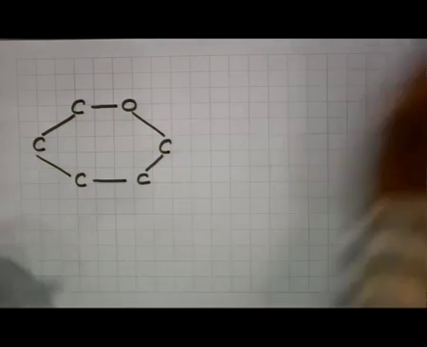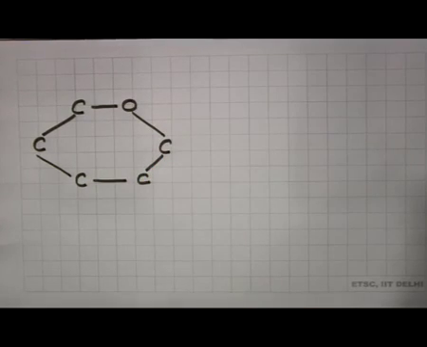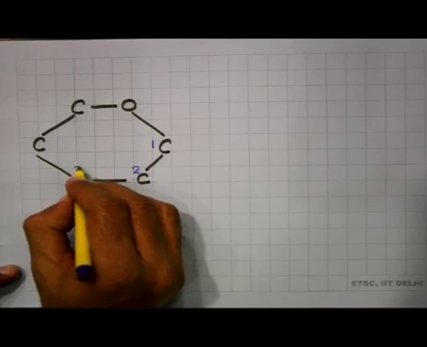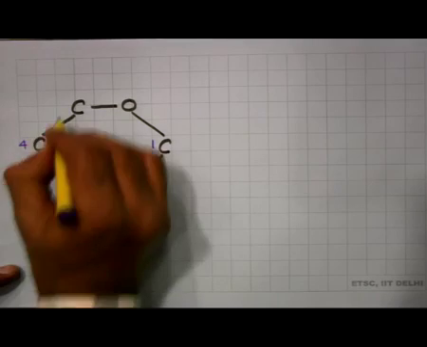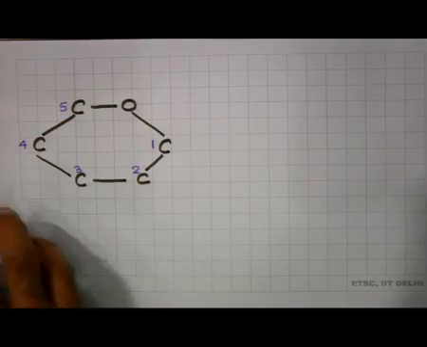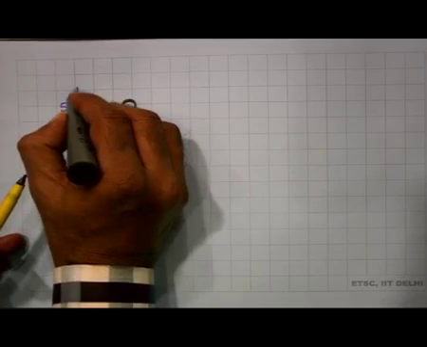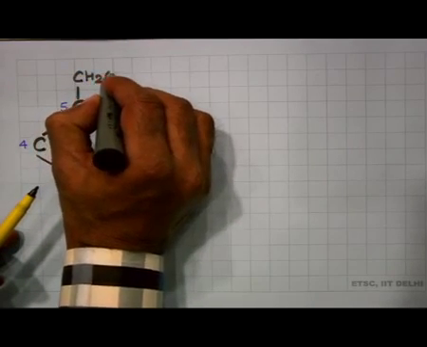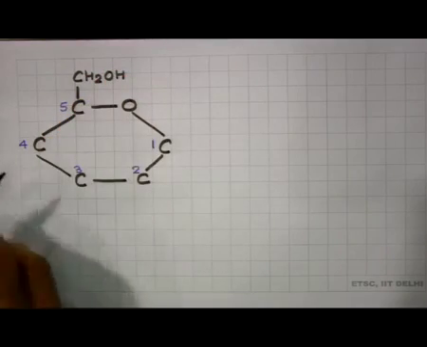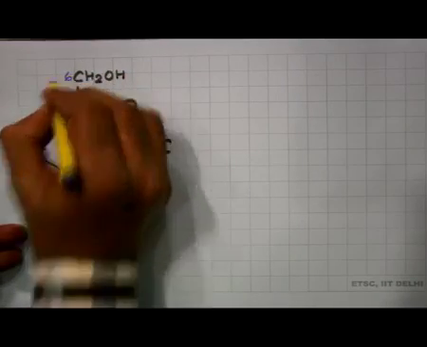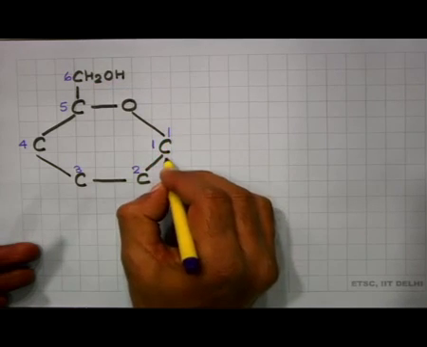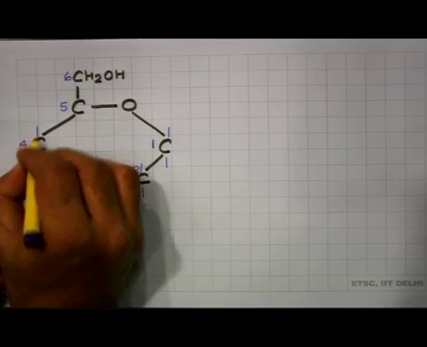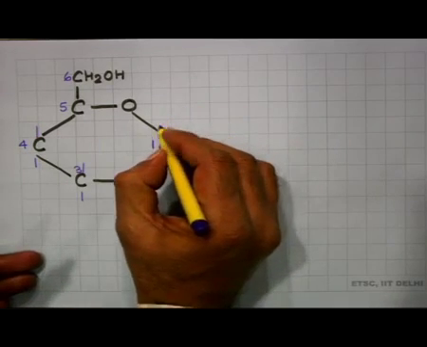Here it is numbered: 1 carbon here, second carbon here, third carbon here, fourth carbon here, fifth carbon here. Here is the 6th carbon, which is attached with the 5th carbon. This one is the 6th carbon. Now, you can put H and OH here.